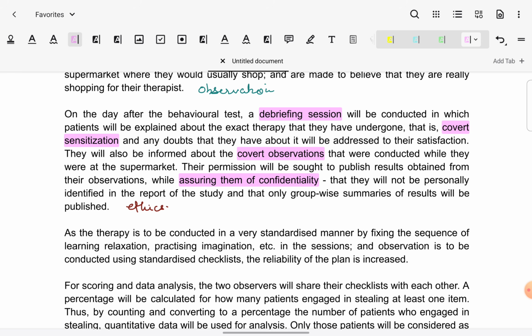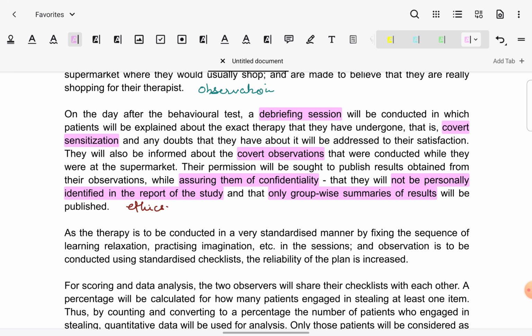Of course, when we tell them that we want to publish results, we also tell them that they will not be personally identified in the study, and only group-wise summaries of their results will be given. Like 10 participants in total, how many of them showed kleptomania or didn't show, that is how it will be presented in the report, not with the identity of which participant showed and which didn't show.